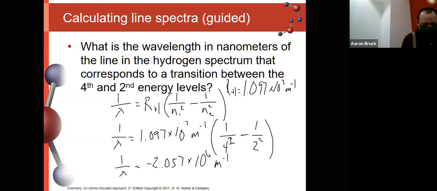I want to take the reciprocal of that. So the reciprocal gives me negative 4.86 times 10 to the negative 7th meters.